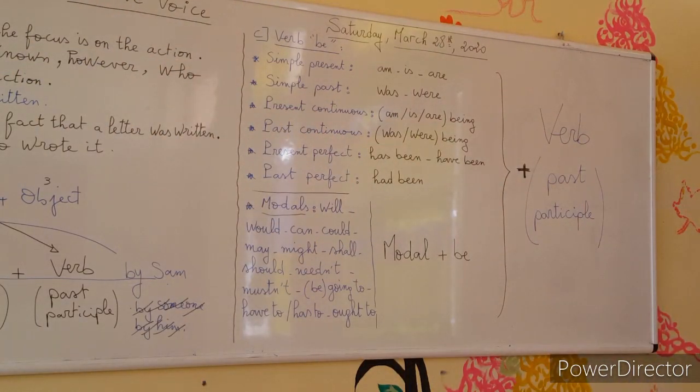Now, we are going to deal with some examples or practice that we may face in the national exam, or let's say the forms of exercises that we may have in the national exam with passive voice.